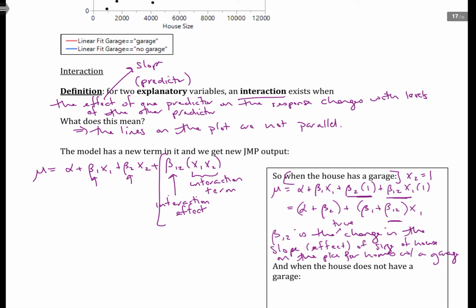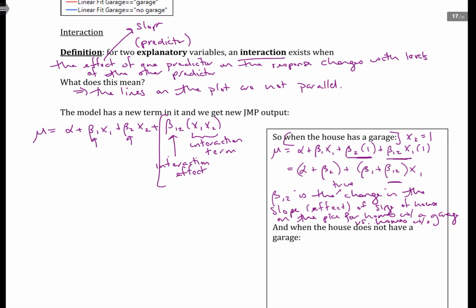So how different is the slope when a house has a garage than houses that don't have a garage? So versus homes without.